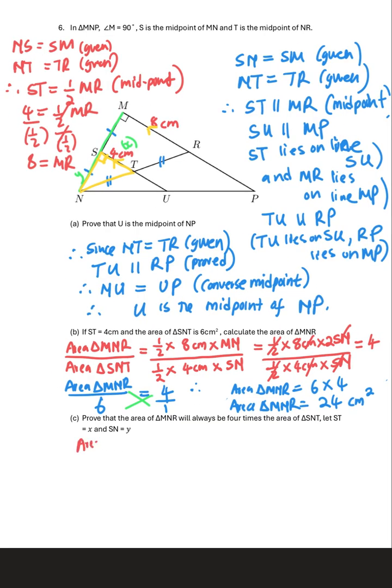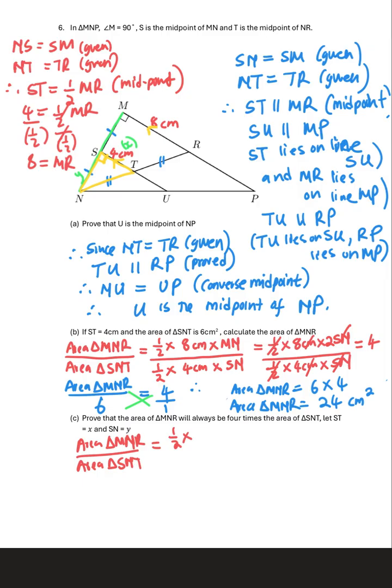So we're just going to say area of triangle MNR over area of triangle SNT equals 1 over 2 times, what is the base of triangle MNR? It's going to be 2x, right? Why is it 2x? Because of the midpoint theorem.